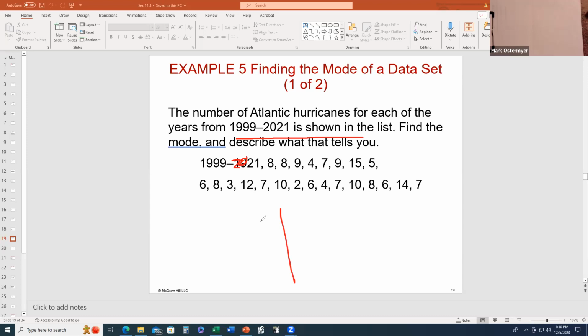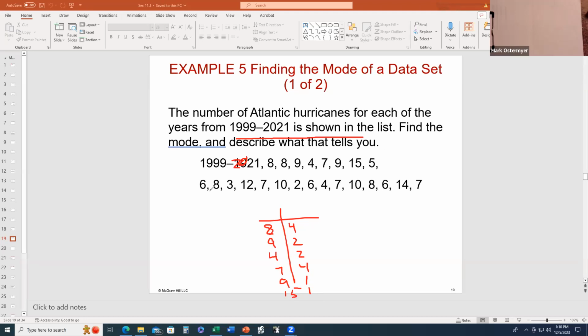You could make a little table here if you want to. 8 occurs 4 times. 9 occurs 1, 2 times. 4 occurs 2 times. 7 occurs 4 times. 9 occurs once. 15 occurs once. 5 occurs once.